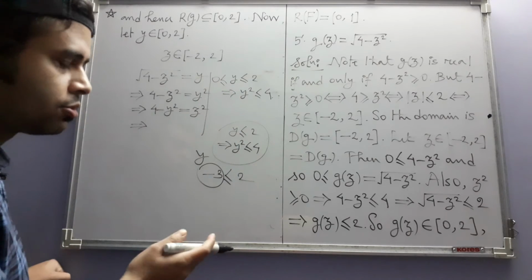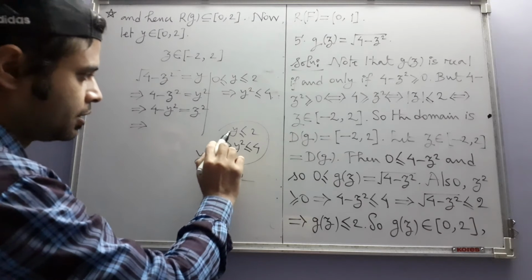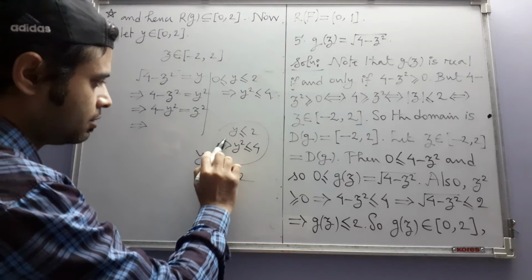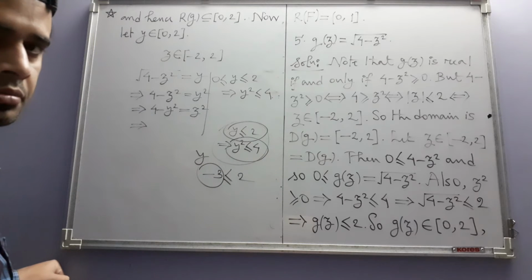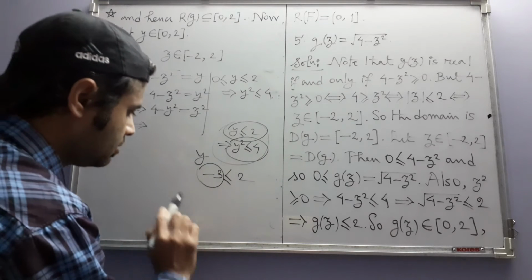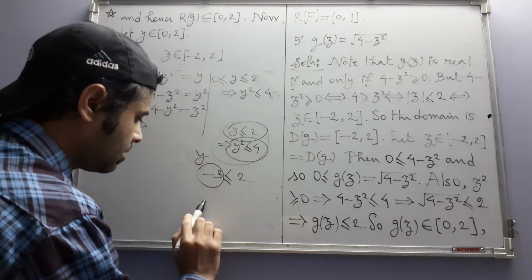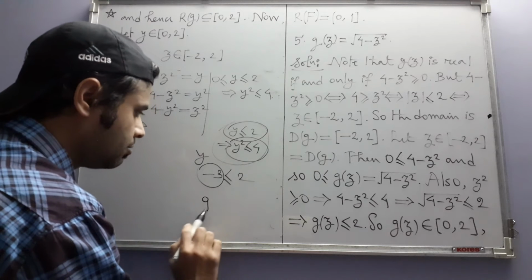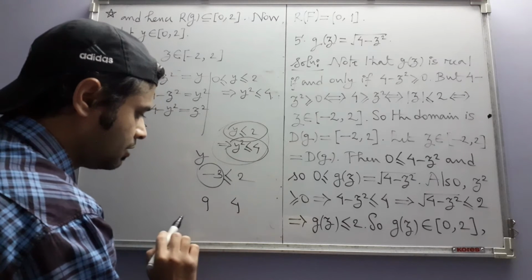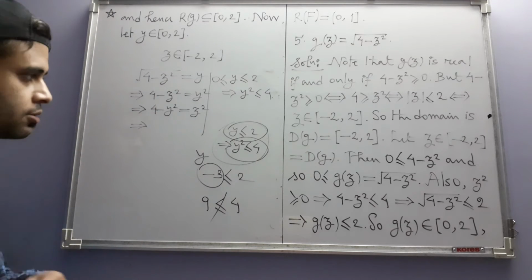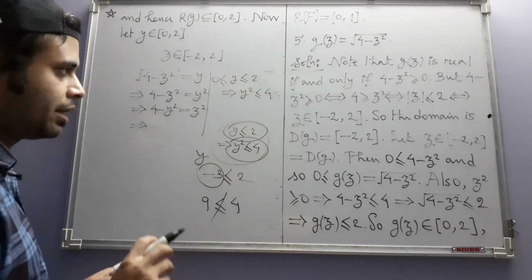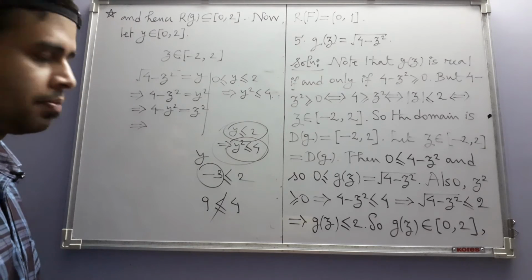But just to show you what can go wrong if one simply takes this and writes this as a consequence, then if you square y, on this side you get 9, on that side you get 4, and this is not true. Okay, so non-negativity of y matters here.